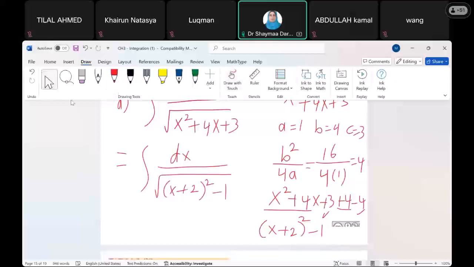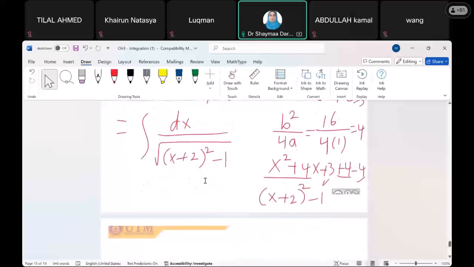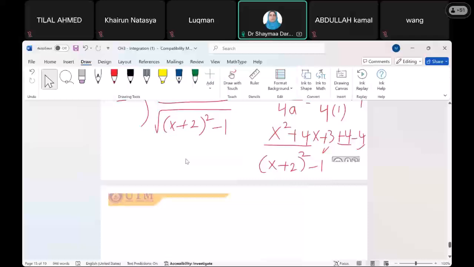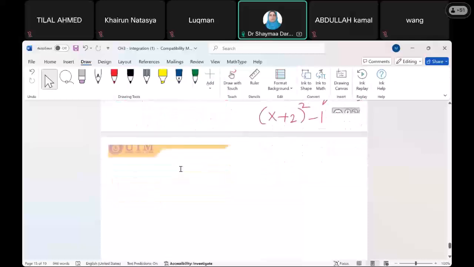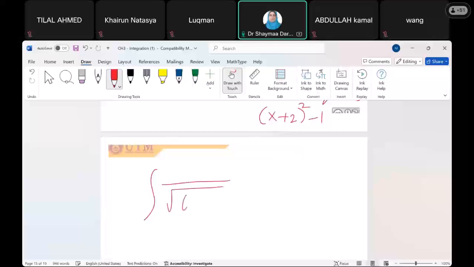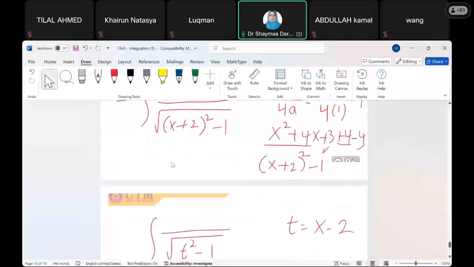Minus 1. Now we don't have x, so we need to apply the formula. But x plus 2 has to be replaced by t squared. So we will have the square root of t squared minus 1 by letting t equal x plus 2. Then x plus 2 squared is replaced by t squared, and dt will be equal to dx.